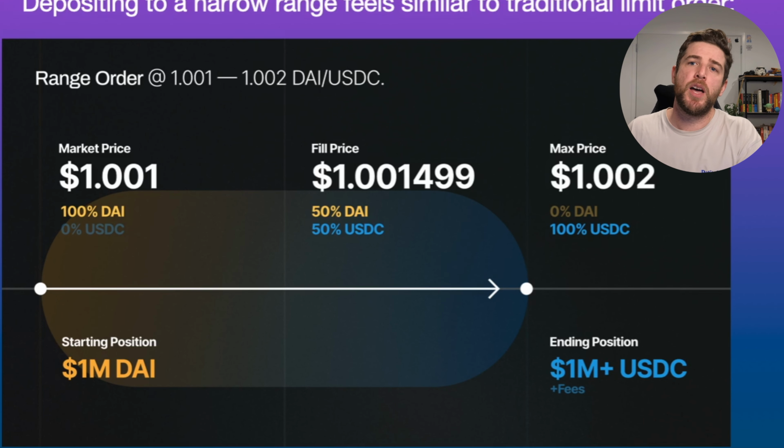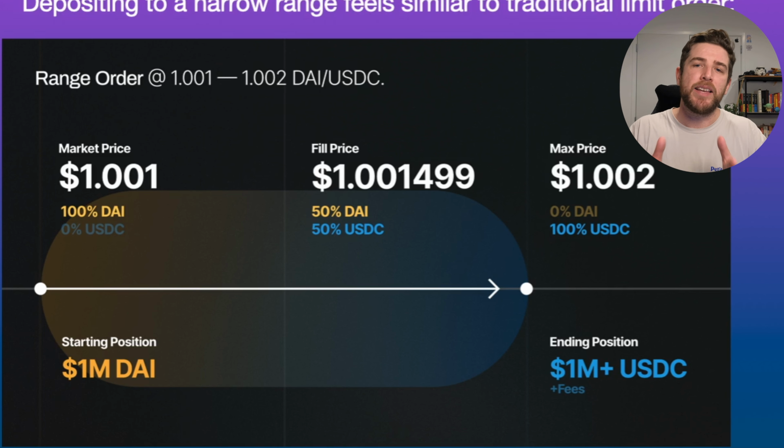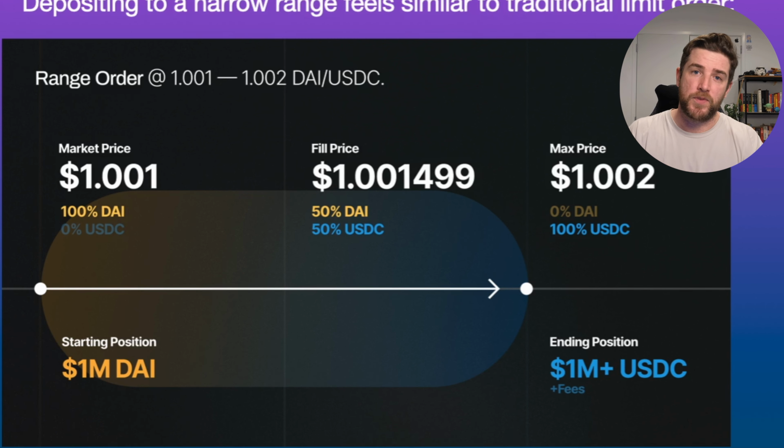In this example, we have a range order at 1.001 to 1.002 DAI USDC. So I start my position of 1 million DAI and I say I'm going to provide liquidity to this pool between 1.001 and 1.002. That is a very narrow range if you think about it. Let's say that the price is trading below 1.001.